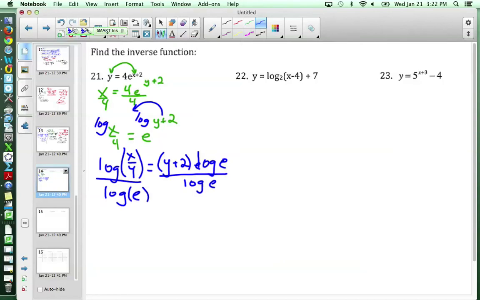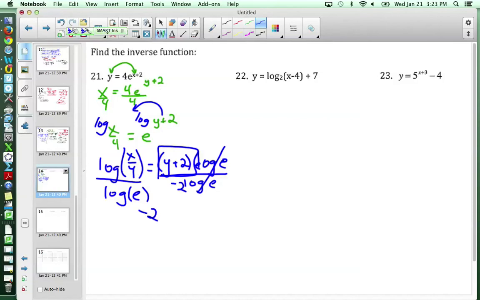So on the left, we have the log of x divided by 4 divided by the log of e. That doesn't simplify. On the right, the log of e's cancel out, and we're left with this y plus 2. So the only thing left to get y by itself is to subtract the 2 from both sides.